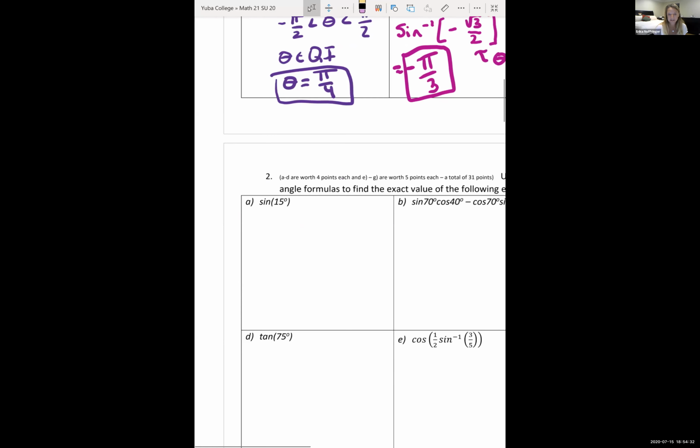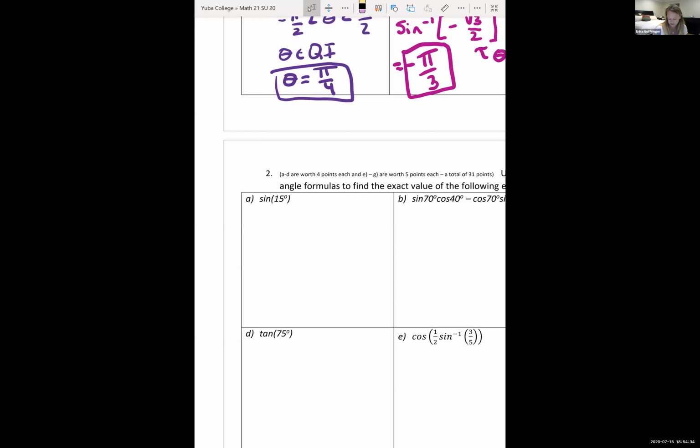So sine of 15 degrees. I wrote this first as a half angle. So this is sine of 30 degrees over 2. As a half angle, sine of 15 degrees in quadrant 1 is positive, so this has a positive in front of the square root. And then the square root of 1 minus cosine of 30 degrees, all over 2.